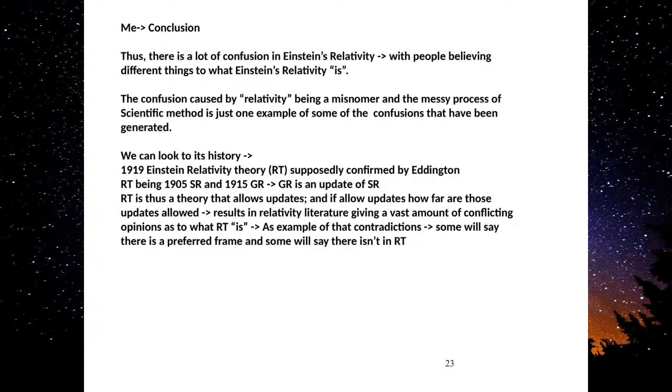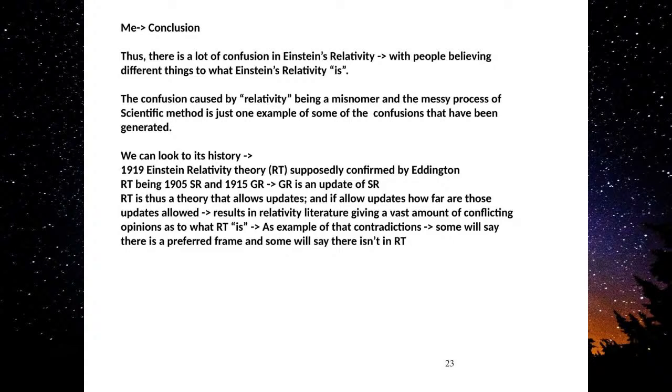So looking at the history, what we have is 1919, Einstein's relativity theory, supposedly confirmed by Anderton, and that was the general relativity, which he came up with in 1915. And 1905, it was special relativity.